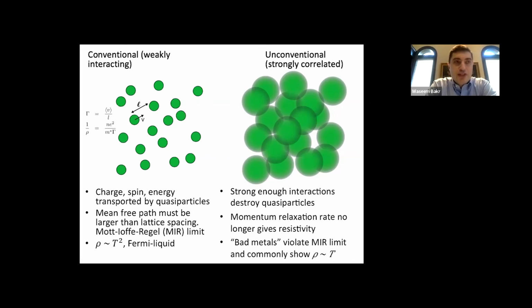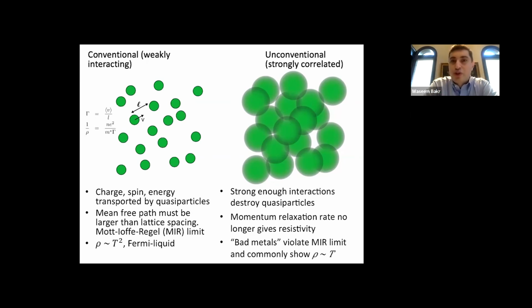And now we can set various limits in a normal metal, in a quasi-particle metal, on these quantities. So for example, let's imagine you start to heat up your metal. Then you know the resistivity increases. The mean free path gets shorter as you increase the temperature. And naturally, it cannot get shorter than the interparticle spacing. It just doesn't make sense to talk about something that's shorter than the interparticle spacing when you're talking about quasi-particles.